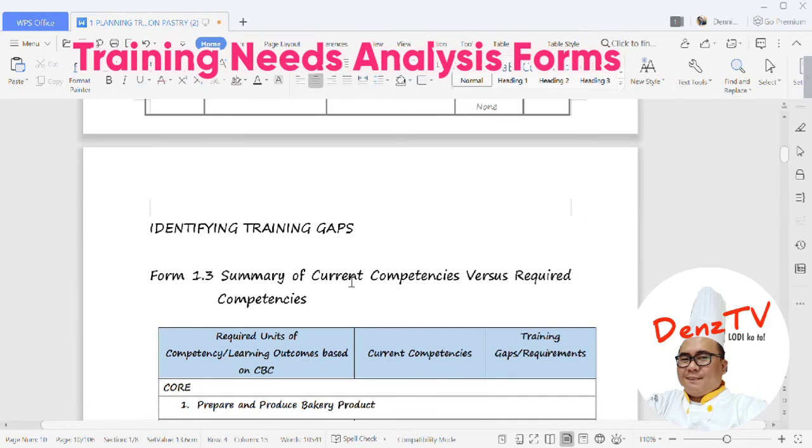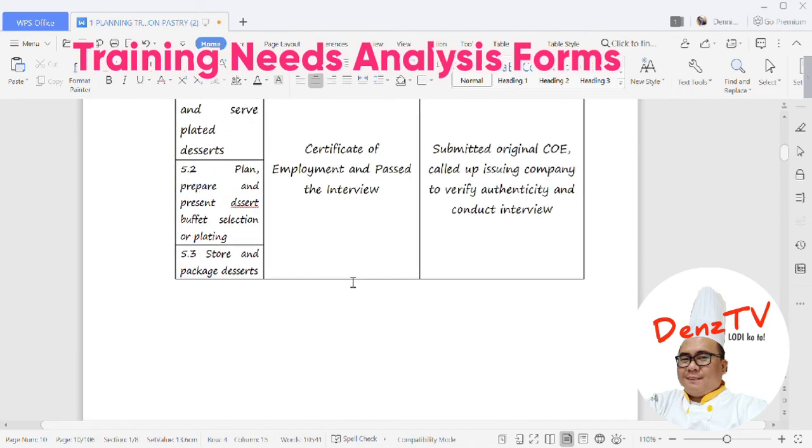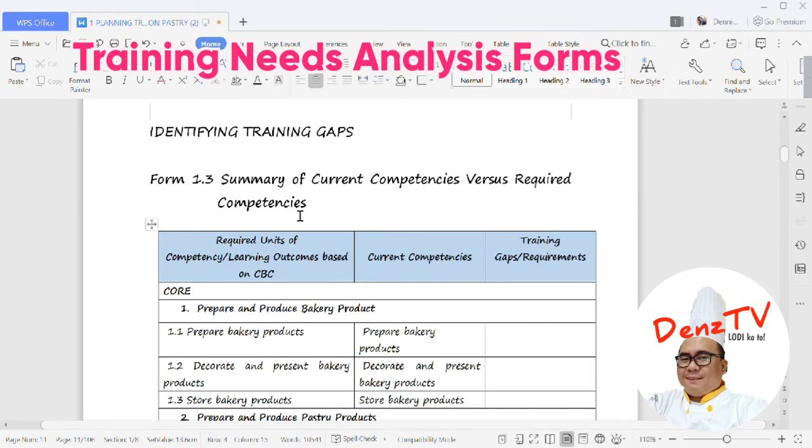The next form is identifying training gaps. So you already know the proof or evidence of current competencies. Now you will be able to summarize it versus the required competencies.